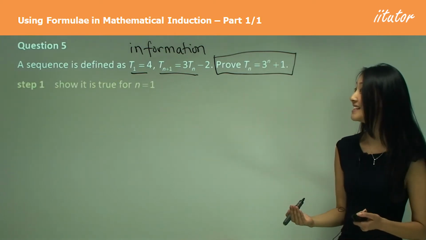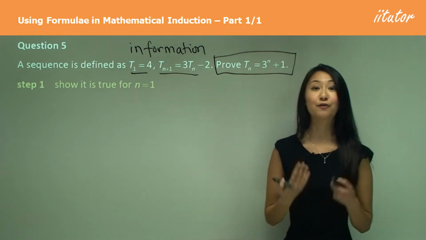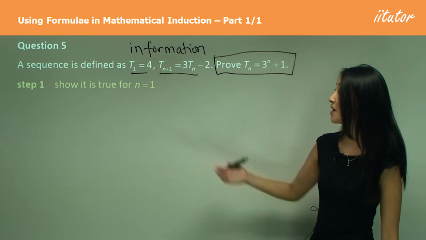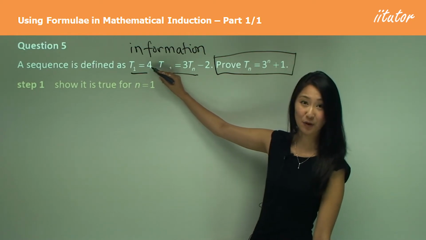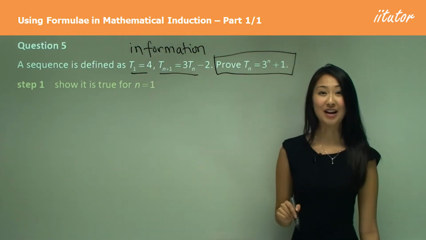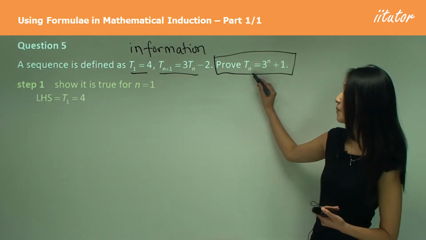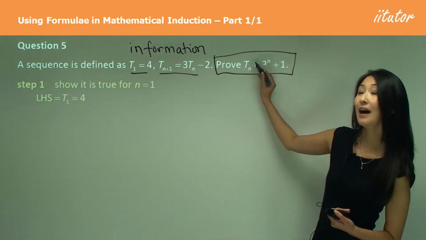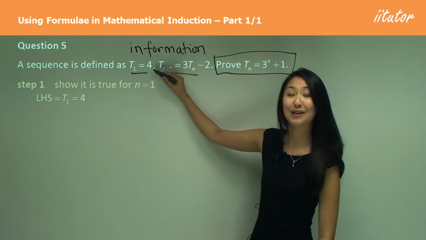Now, as always, we need to start off with step 1, which is show it's true for n equals 1. Now, we know it's n equals 1 because it's told us here with t1 equals 4. So we want to use that information. So we start off with the left-hand side, which is tn. Now, when n equals 1, we're being told by the question it equals 4.